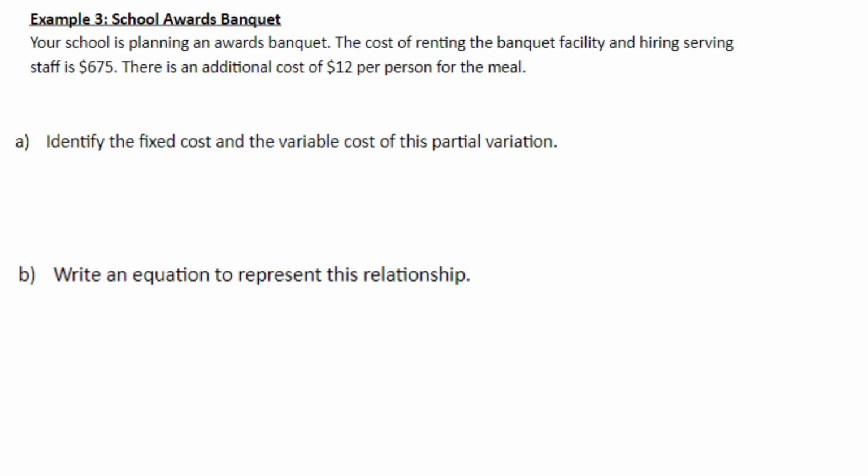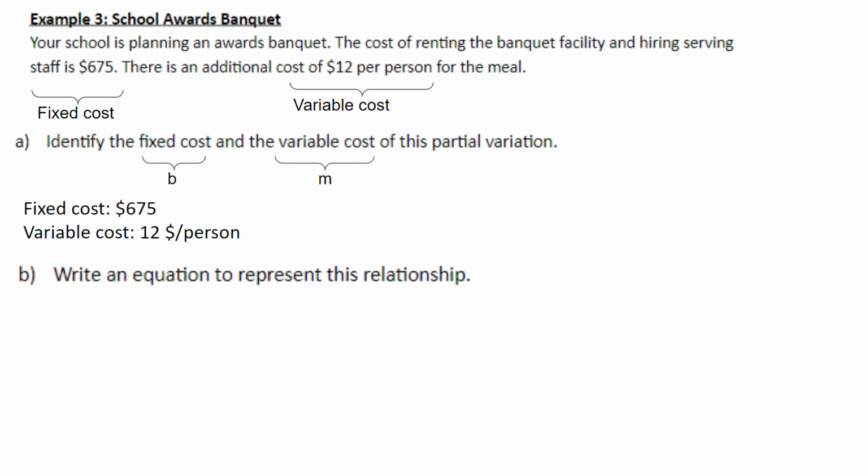And we know it's a partial variation because it has an initial cost of $675, or a fixed cost. So we know that our fixed cost is $675, which is our b, and we know that the variable cost is $12 per person, which is our m.